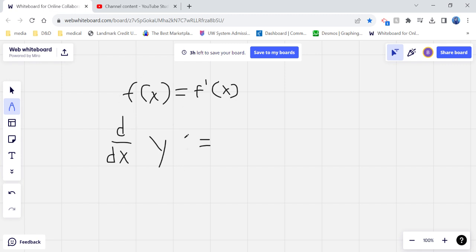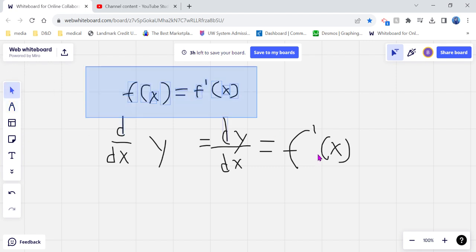So y and f of x are the same thing. So we end up writing that as just dy over dx. And that is the same thing as f prime of x. Both forms of notation will be used very regularly in calculus.